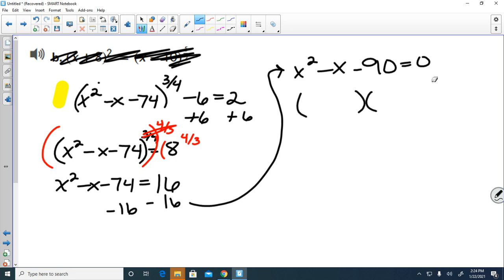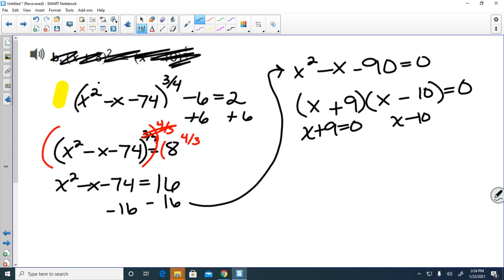So let me solve. Have x and x. To get 90, I can do 9 times 10. Make the 10 negative, the 9 positive. x plus 9 equals 0. x minus 10 equals 0. x would be negative 9, and x would be positive 10.